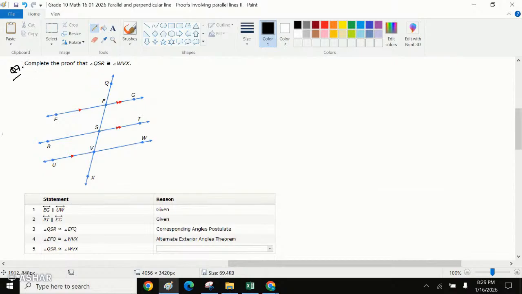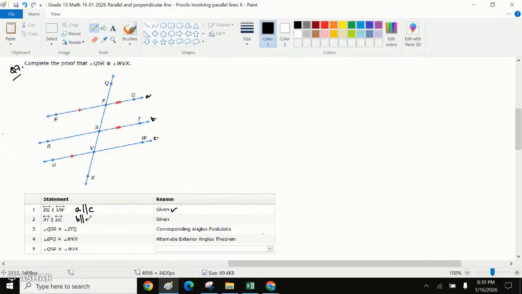and in question number 7 it says, if I label this as line A, parallel line B, and parallel line C, line A is parallel to line C, it's already given in the question. RT, that is line B, is parallel to EG.